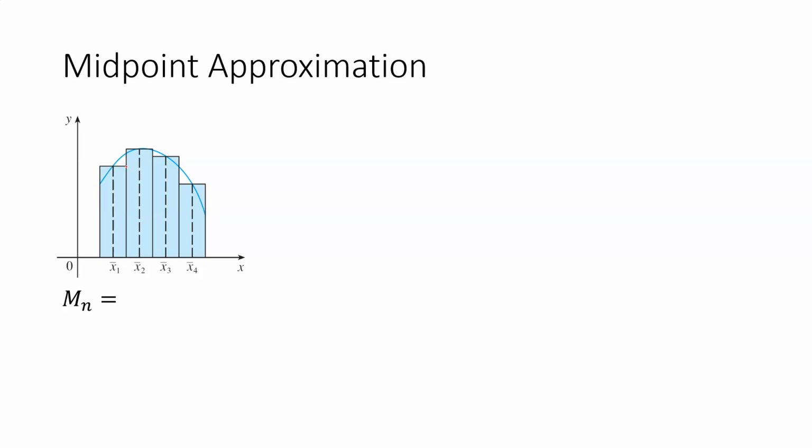In other words, there isn't going to be a big over or under approximation, because it's a little bit of both in each of them that tends to balance out.